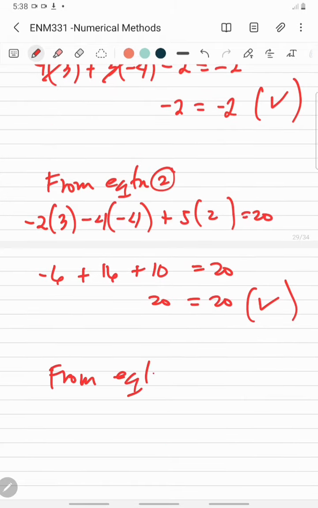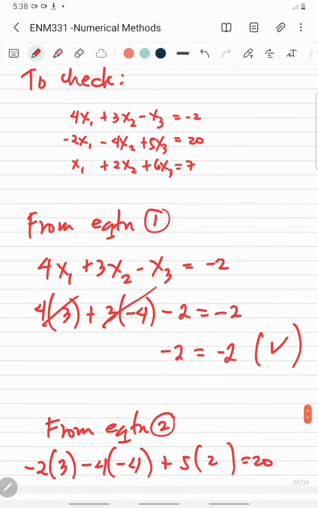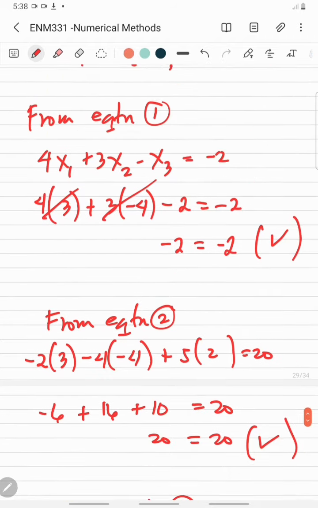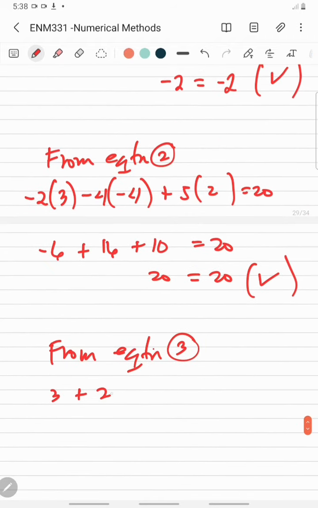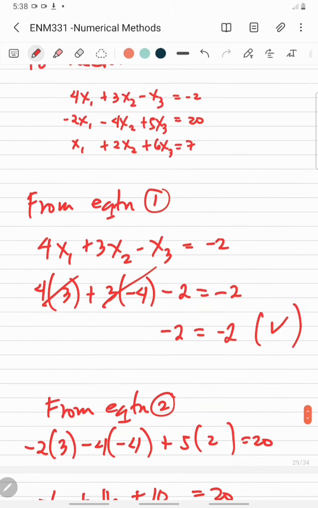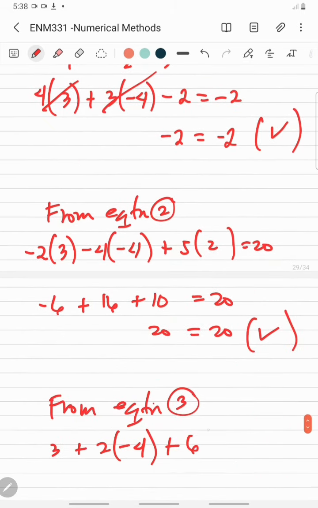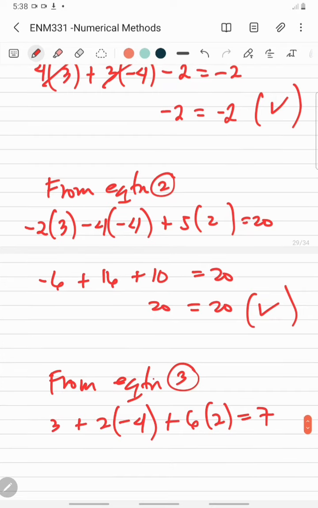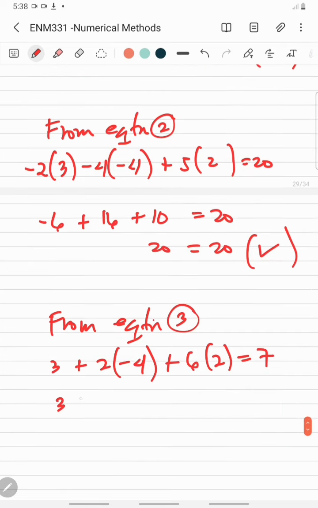Okay, for the last equation, we have equation 3. So we have x1, that is 3, plus 2x2, so 2 times negative 4, plus 6x3, so x3 is 2, equal to 7. So we have 3, then negative 8 plus 12 equal to 7.